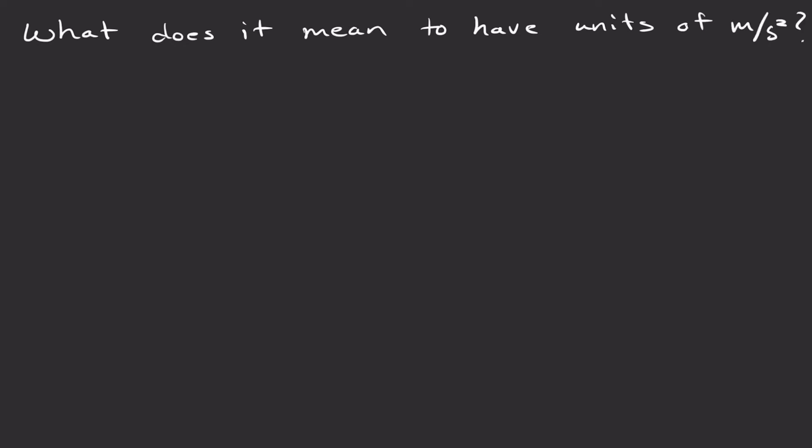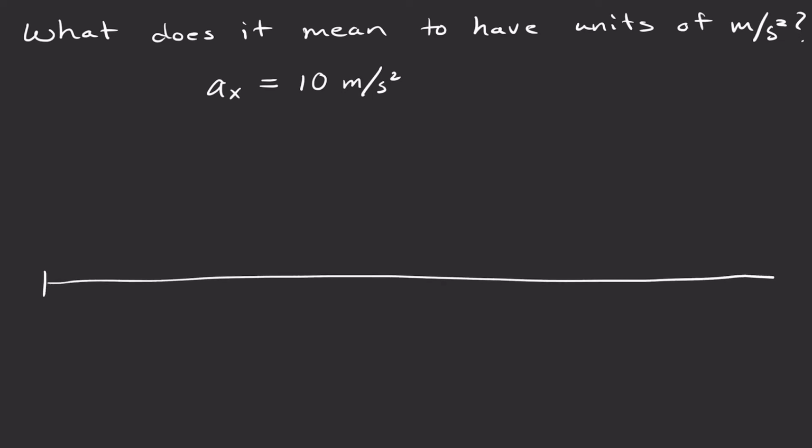Okay, so let's say that something is accelerating in the x direction, and it has a value of 10 meters per second squared. I'm going to draw a really long line, and this is going to represent t equals 0 seconds, and then t equals 1 second, and this is going to be t equals 2 seconds, and then way down here is going to be t equals 3 seconds.